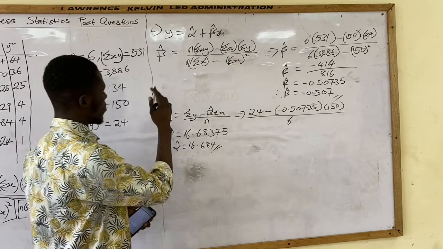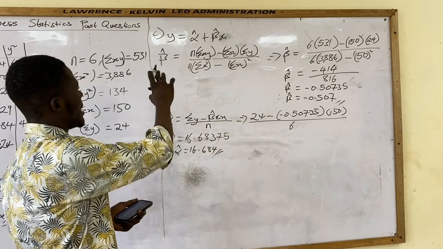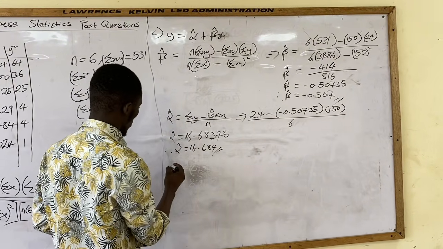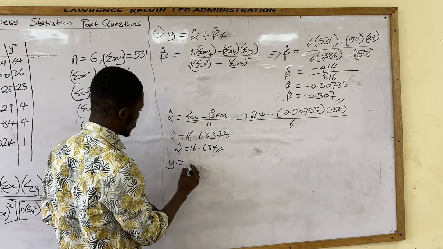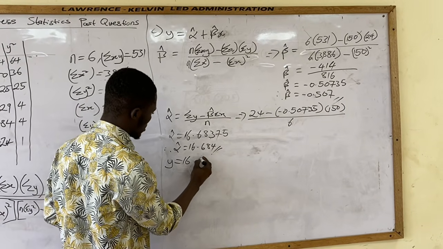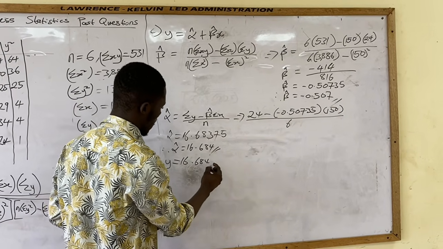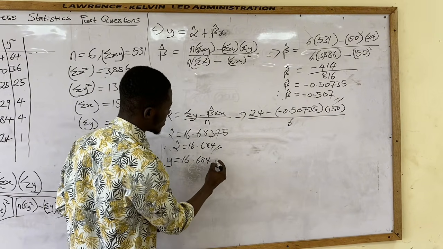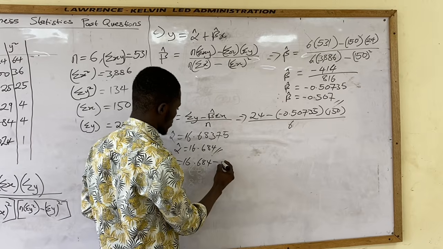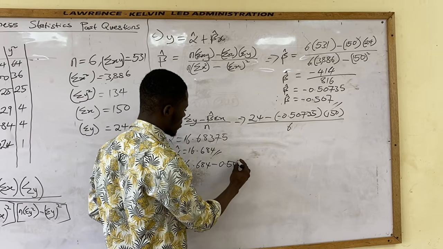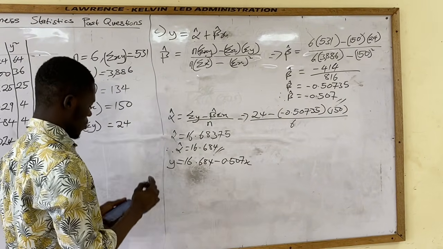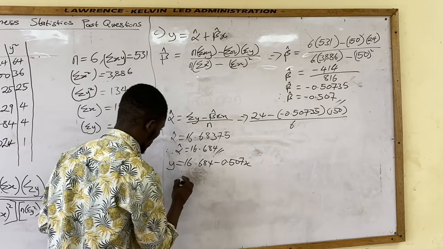Now we were asked to find the equation, so let's insert these into the equation. Our y is equal to alpha hat, 16.684, plus our beta hat, but we have negative here, so minus 0.507 x.